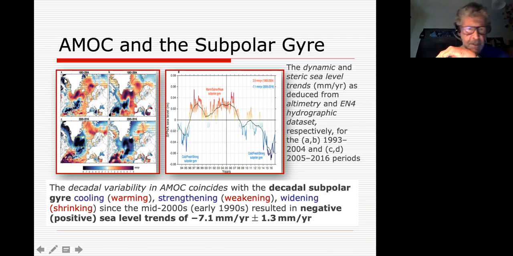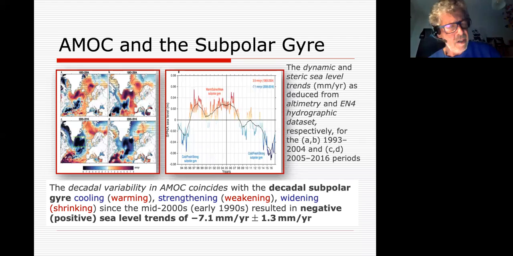And you see here two averages of the steric sea level trends. A steric sea level trend is the thermal expansion of the water column, and here all the other dynamical components are subtracted. So this is due only to the heating or cooling of the water column. This is called the steric sea level.